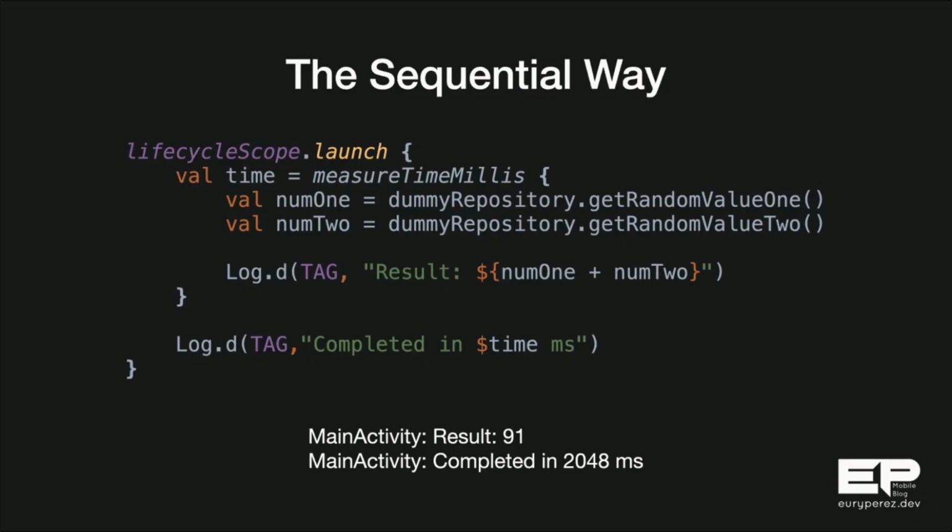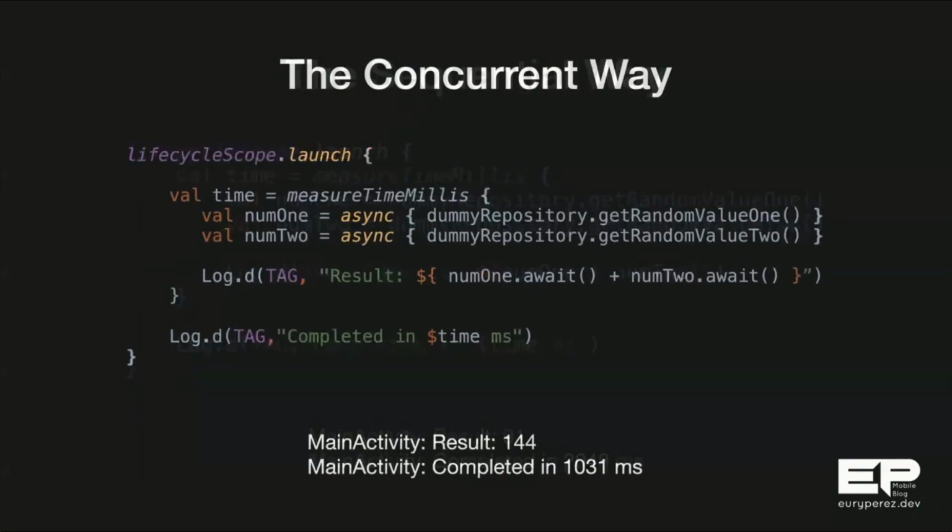Let's see how we can improve the performance of these operations, since we don't need anything from num1 in get random value 2. These two calls are independent, so let's see how we can do it the concurrent way. In this case, we are using the same measureTimeMillis coroutine builder to measure the time it takes to do everything.